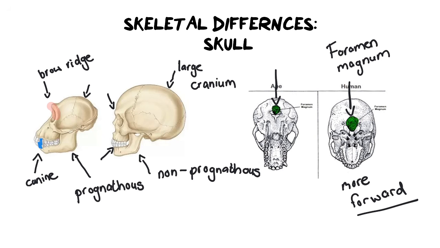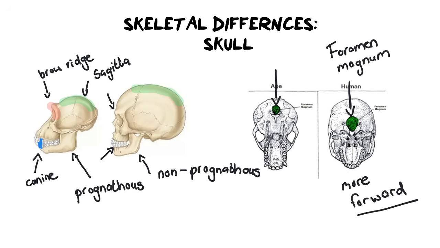Another important feature in terms of skull differences is a little area on the back of the skull, and I'm just going to move some of these labels so you can see it better. You'll notice it almost looks like the skull has a ridge to it, and I just want to highlight it. It's this area over here. You'll notice that we're sort of missing it on our own, and that structure is known as the sagittal crest.